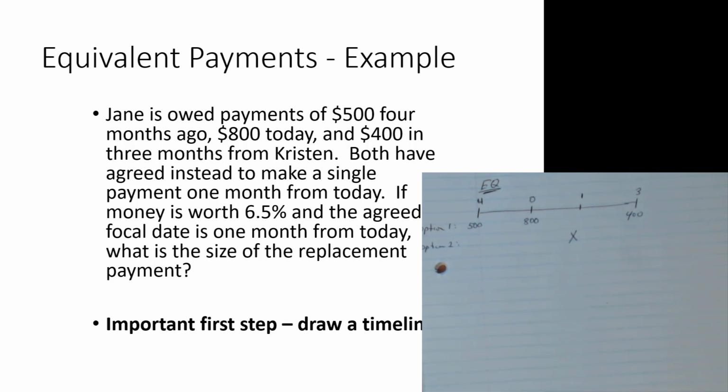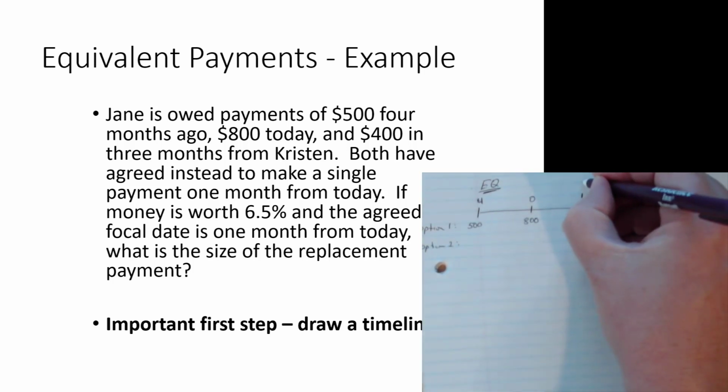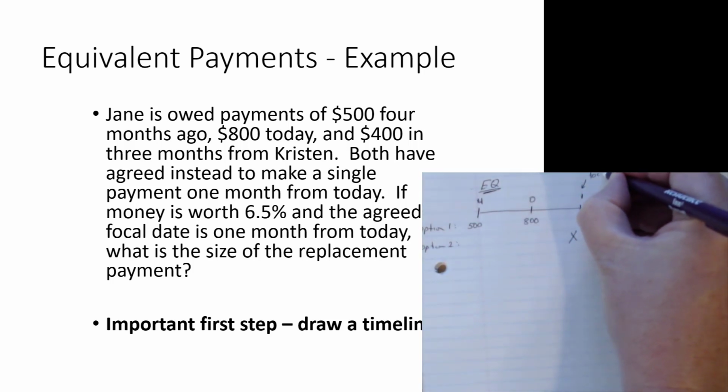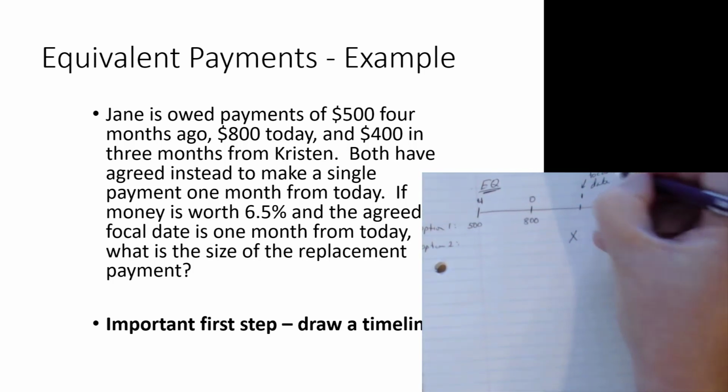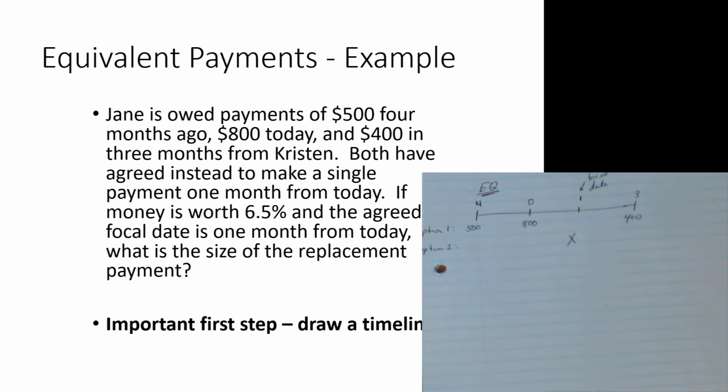Okay, so I have 2 things to consider. I need to determine what that single payment would be so that my payoff, my well-being, is equivalent to what it was with the first option. Money's worth 6.5%, and the agreed focal date is 1 month from today. All right, so that is the focal date. That becomes important to us. We're going to look at all the payments on that date.